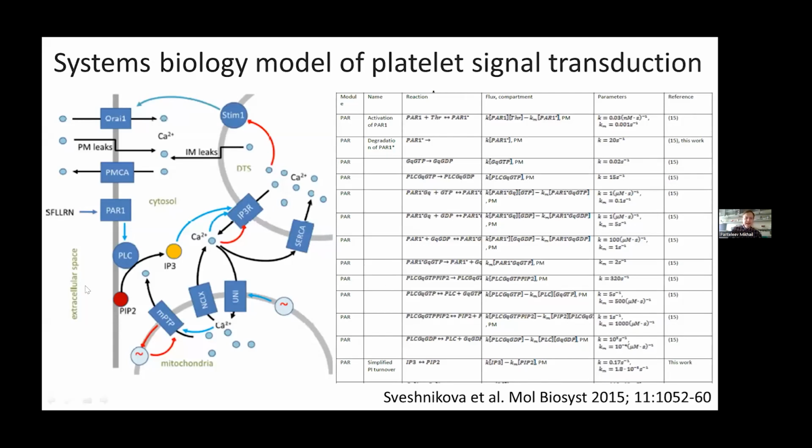This model describes the events beginning from the stimulation of one of the thrombin receptors in platelets, the signaling network, which is essentially a basic calcium signaling network controlled by IP3, and the first events in this network, and this is how they are represented in the model.